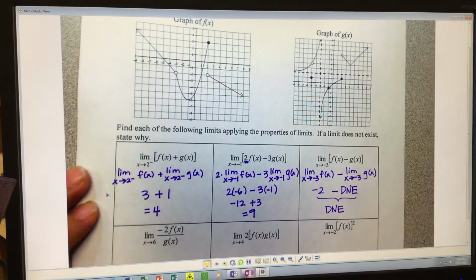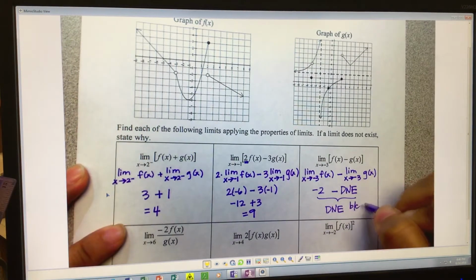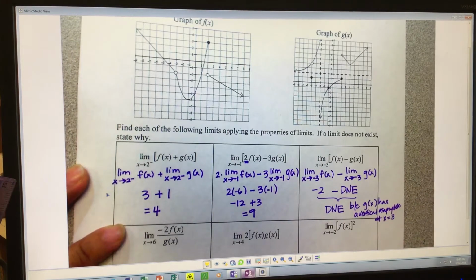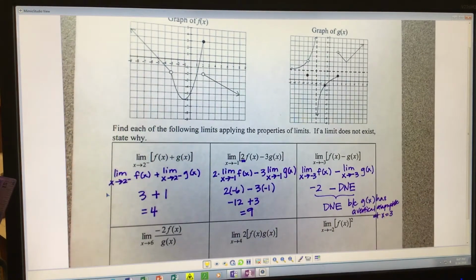The reason is because g of x has a vertical asymptote at x is equal to 3. So you have to be specific about where that asymptote is.